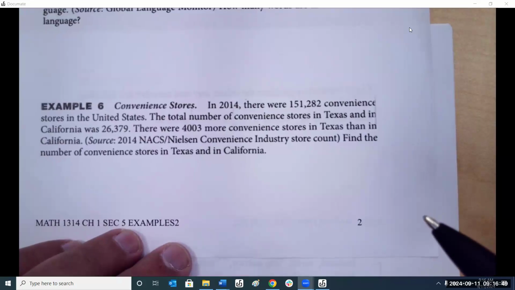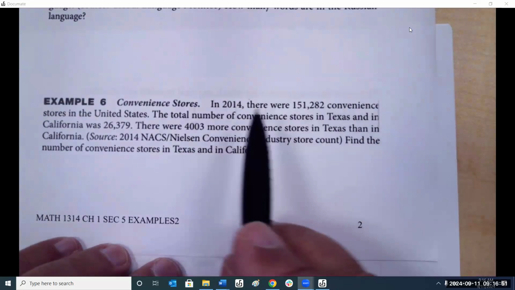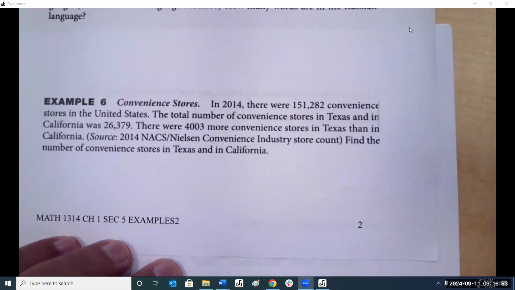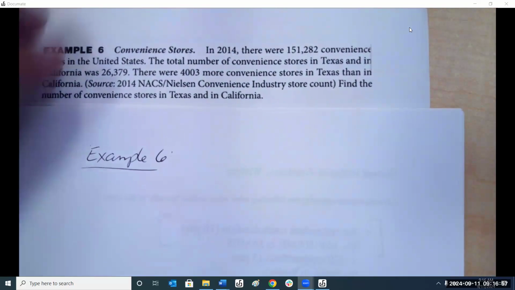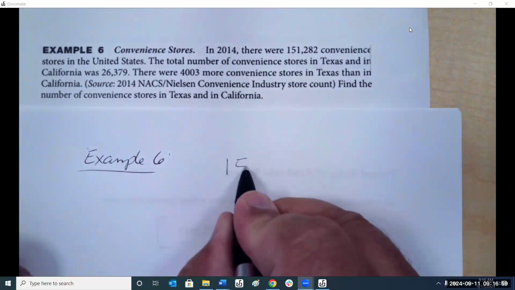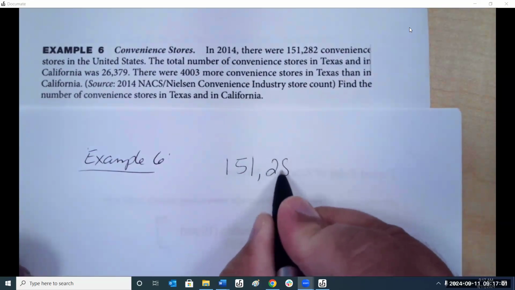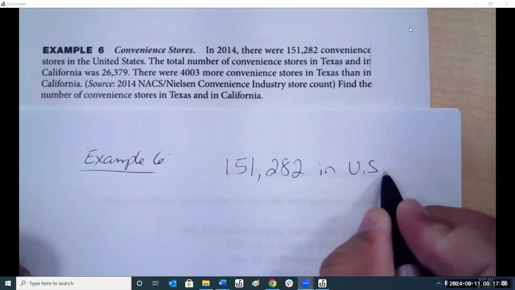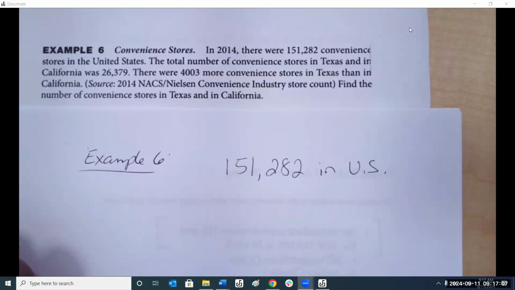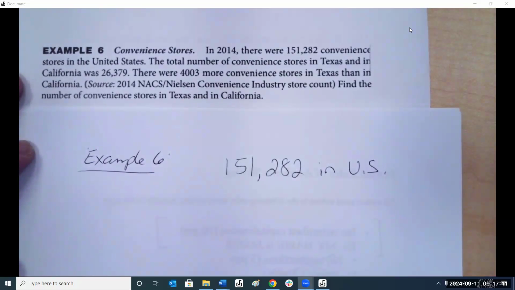So what does that mean? What does the first sentence tell us? It just tells us that there are 151,282 stores in the US. That's all the states.